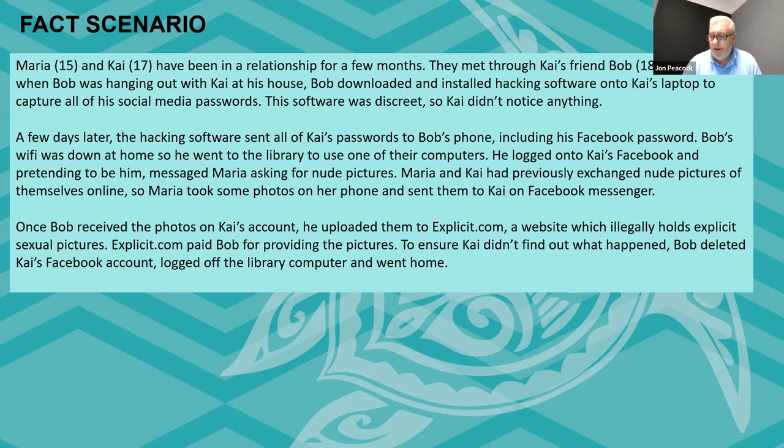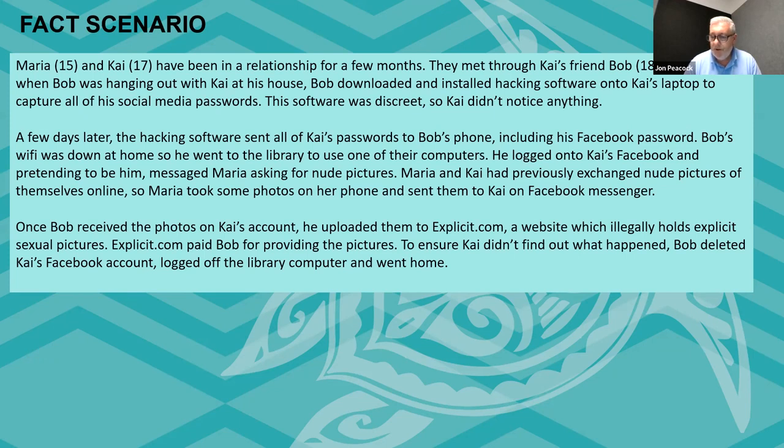Bob's Wi-Fi was down at home, so he went to the library to use one of their computers. He logged into Kai's Facebook and, pretending to be him, messaged Maria asking for nude pictures. Maria and Kai had previously exchanged nude pictures of themselves online, so Maria took some more photos on her phone and sent them to Kai on Facebook Messenger.